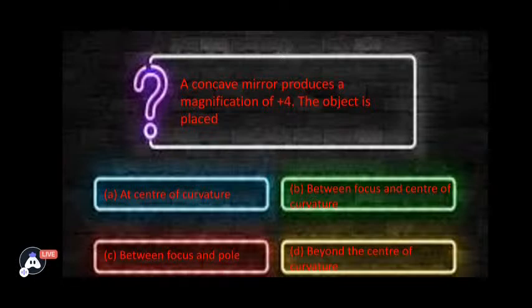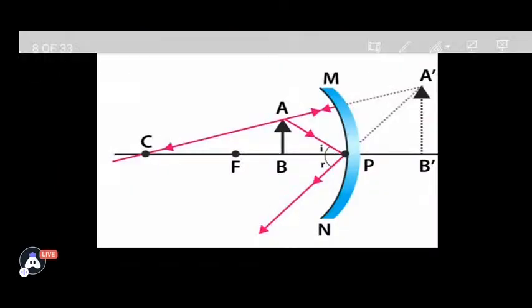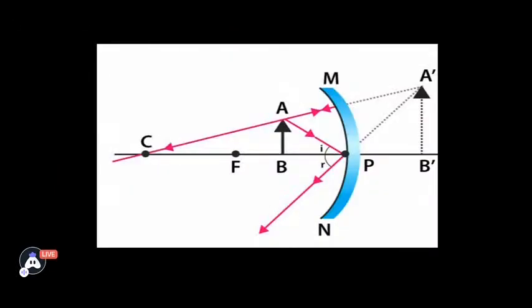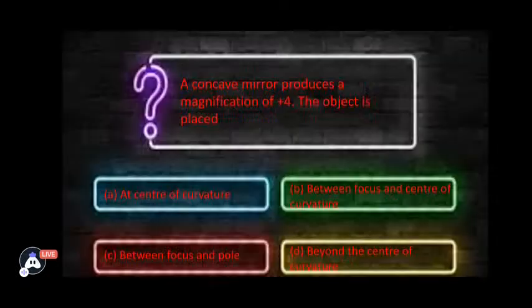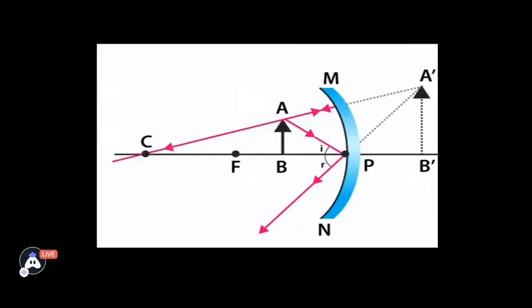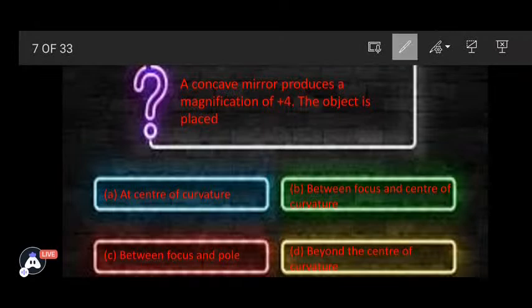Now you all must be clear about the magnification. What does the magnification tell us? Now see, if I'm talking about the magnification +4, what does that +4 denote? The plus denotes that the image is virtual and erect.